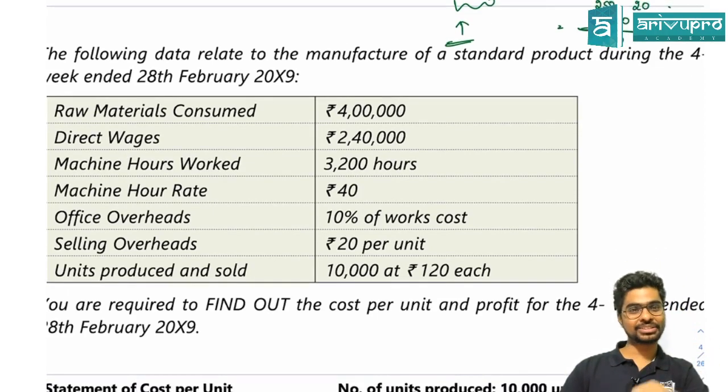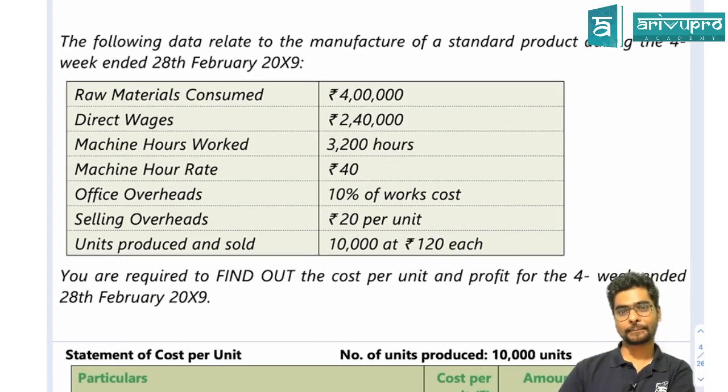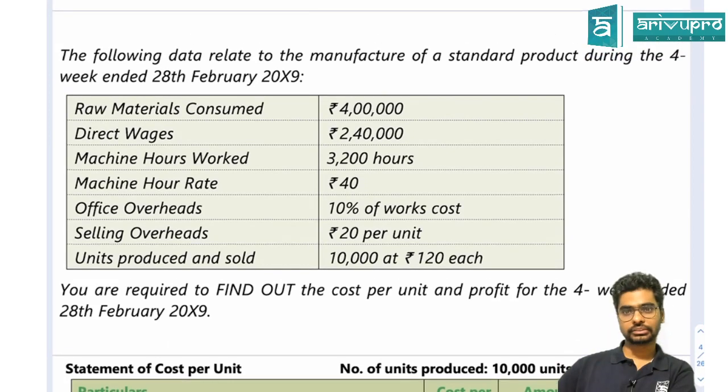Let's try looking into this question. Guys, read the question. The following data relate to the manufacturing during the 4-week ended 21: raw materials consumed, direct wages, machine hours worked, machine hour rate, office hours worked, cost, selling and distribution. Easy question, no?